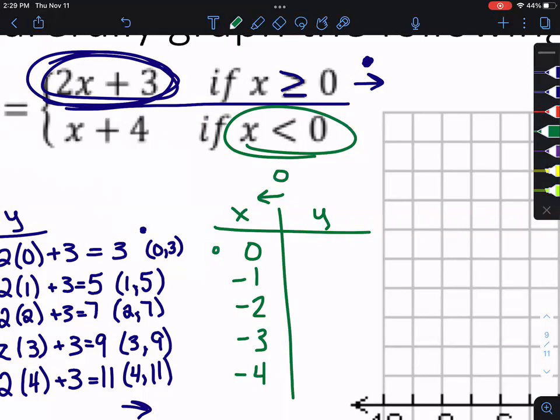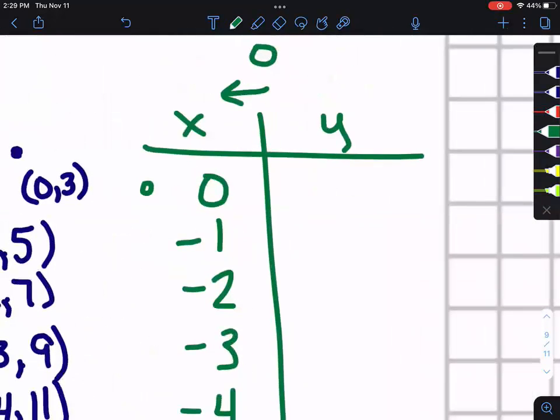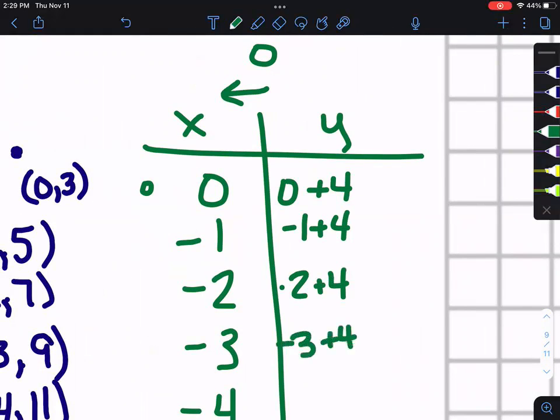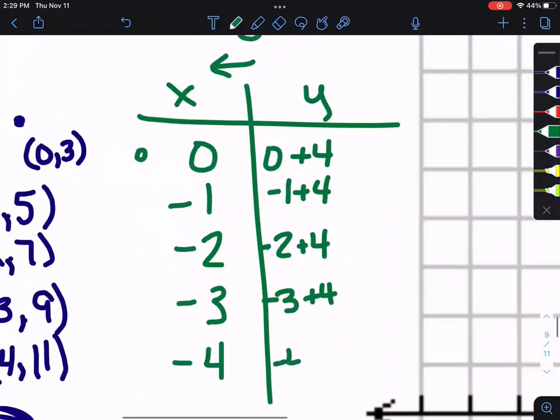This time, when we plug all these in, we just need to take the X value and add 4 to it. So 0 + 4, -1 + 4, -2 + 4, -3 + 4, and -4 + 4.